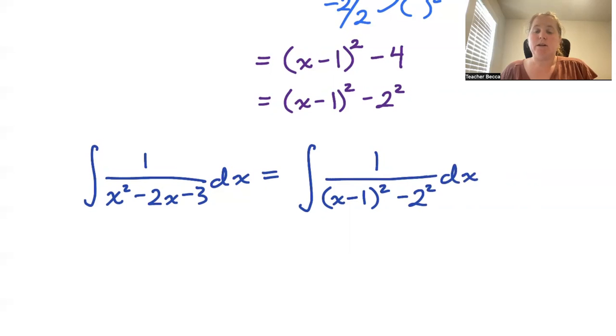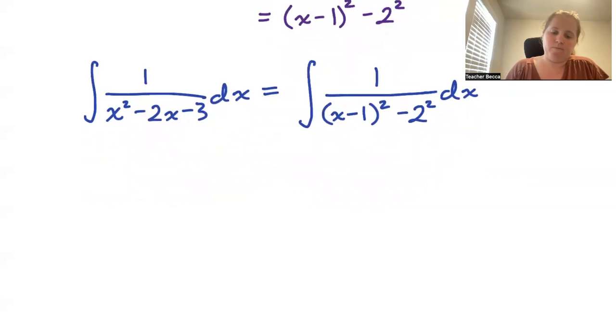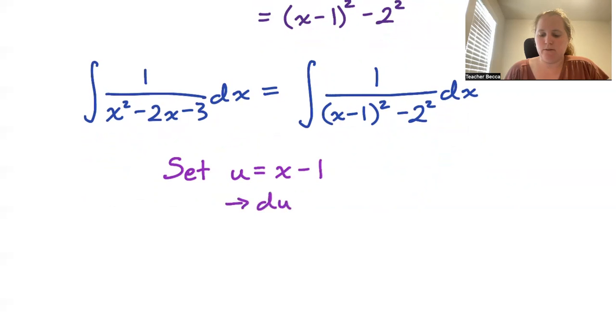We can do our right triangle trig using x minus 1, or we can perform u substitution. If we perform u substitution, we will go ahead and set u equal to x minus 1. And we have du is simply dx.